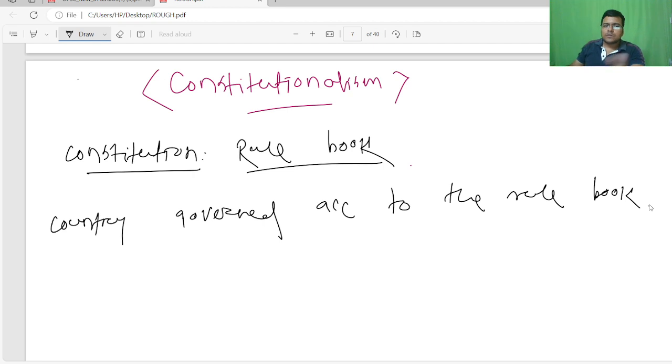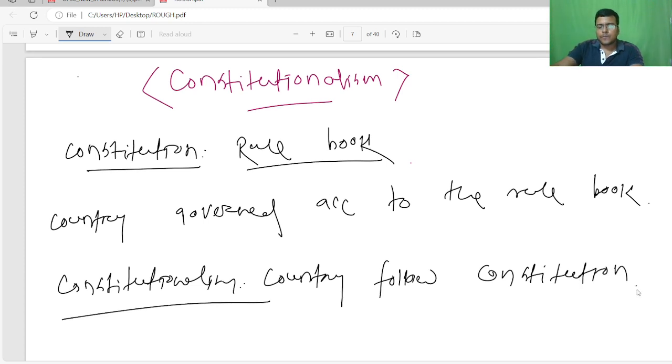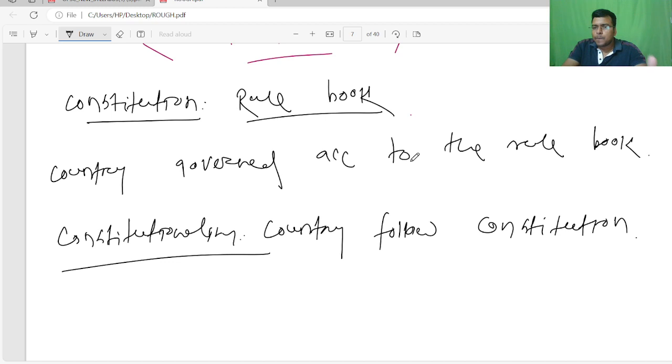So we can call this constitutionalism, that means the country follows the constitution. The country runs according to the constitution. What we call constitutionalism.